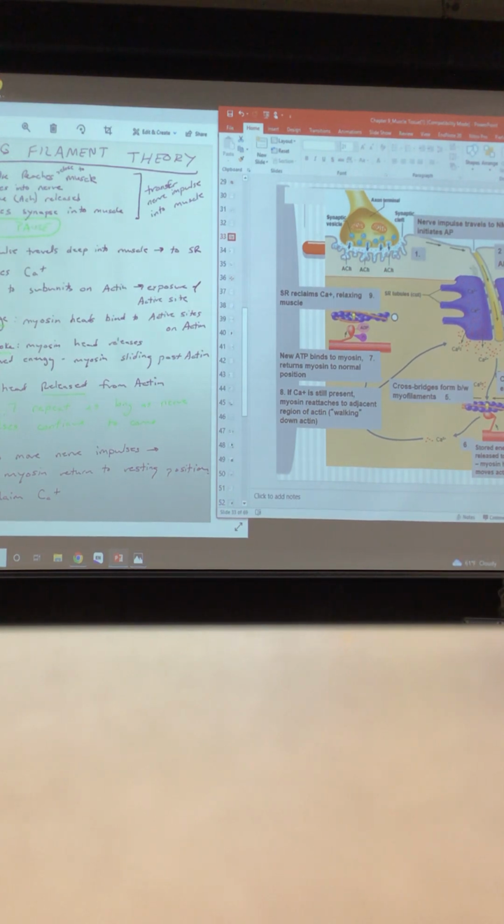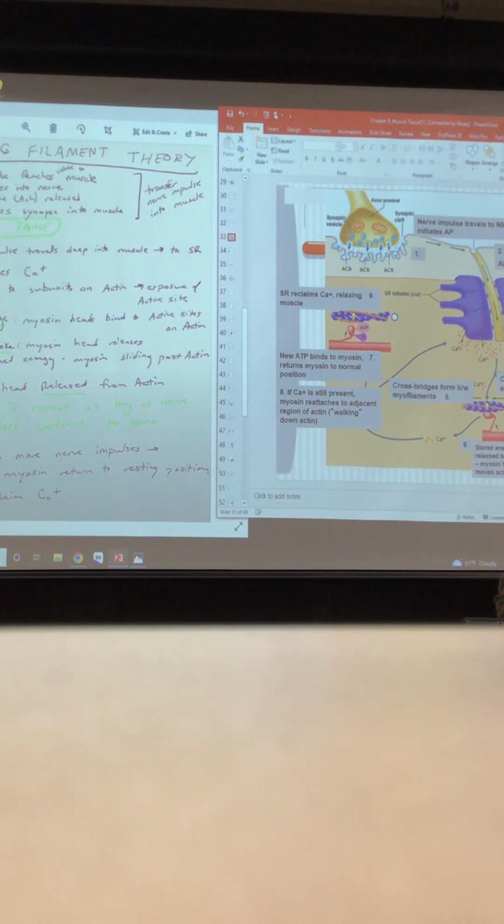So the nerve impulse comes into the muscle, travels deeper into the muscle to the sarcoplasmic reticulum, and step number 3, the sarcoplasmic reticulum will release calcium. It's like telling a story, isn't it?